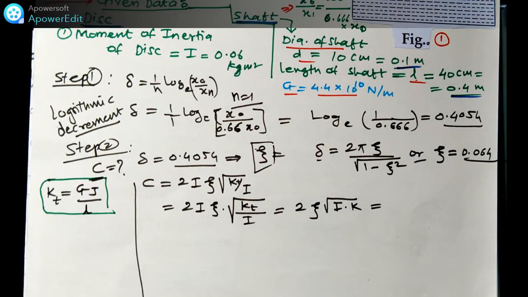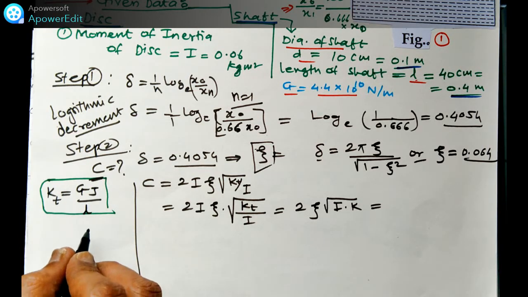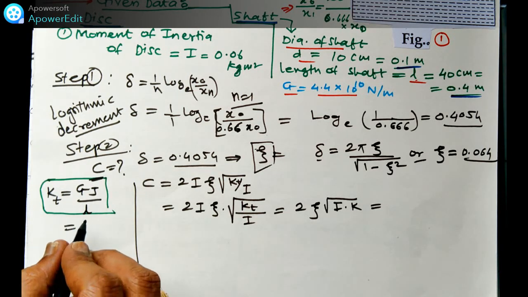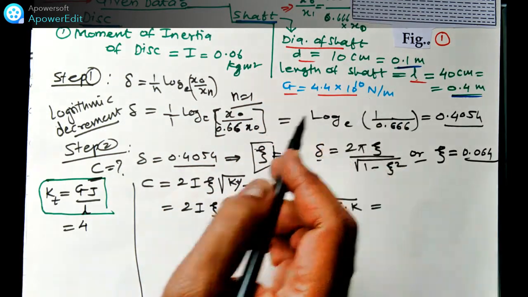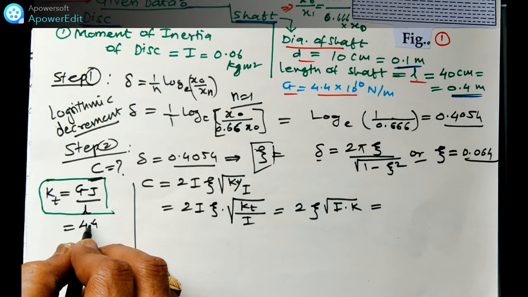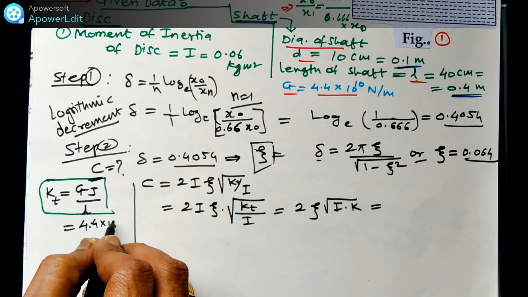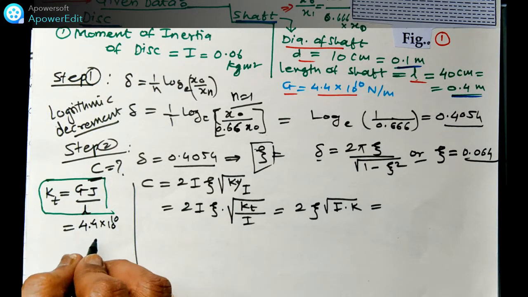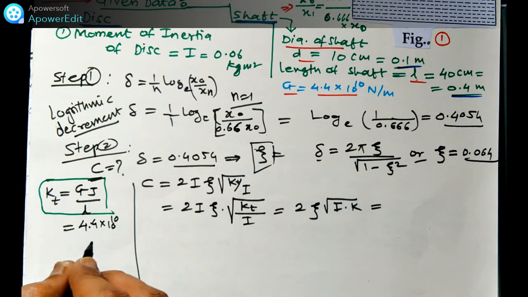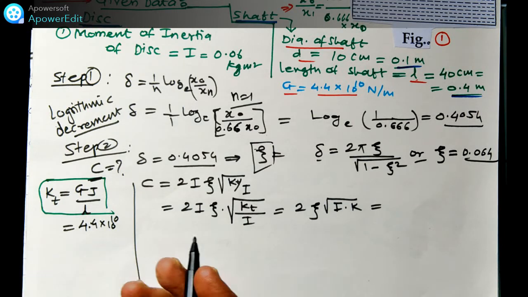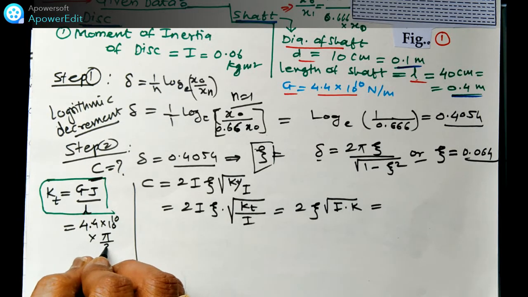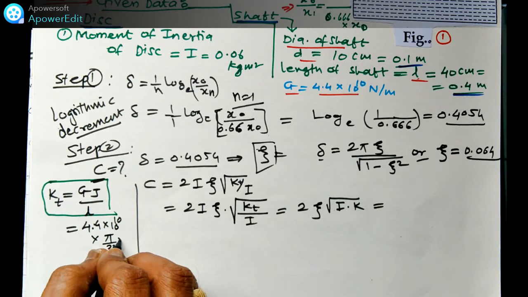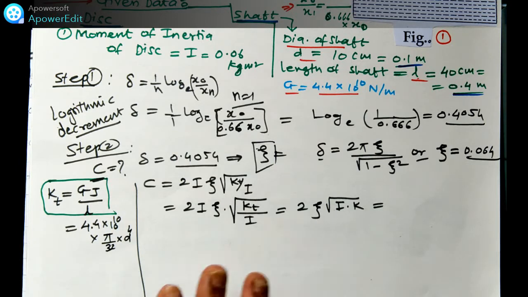From this formula we can find out KT. What is the value of G? G is given to you, 4.4 into 10 raised to 10. What is the value of J? J we can find out by using the formula pi by 32 into d raised to 4.